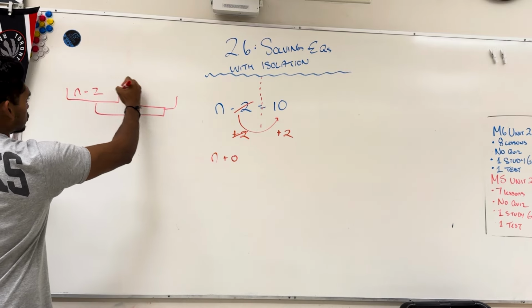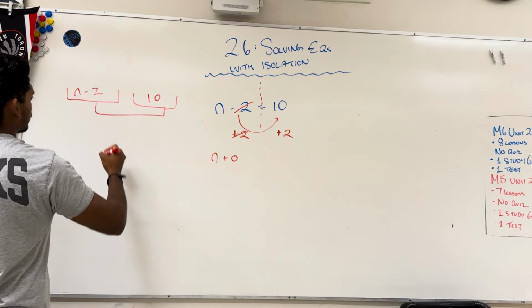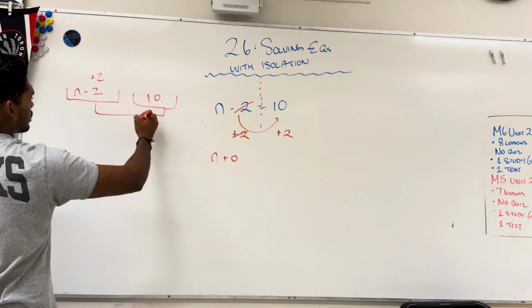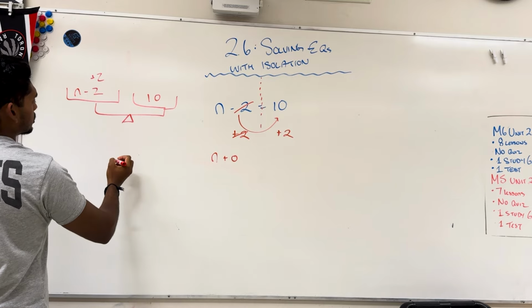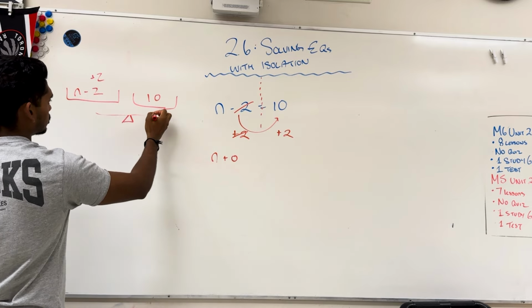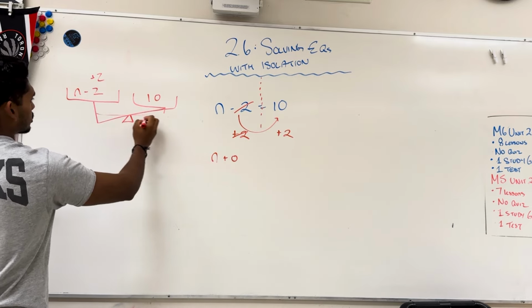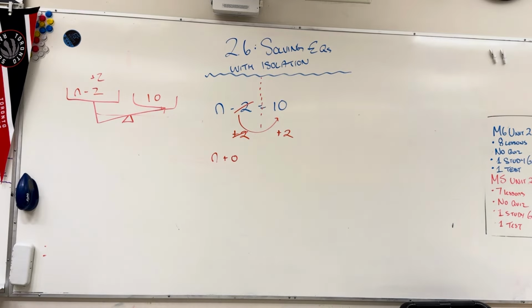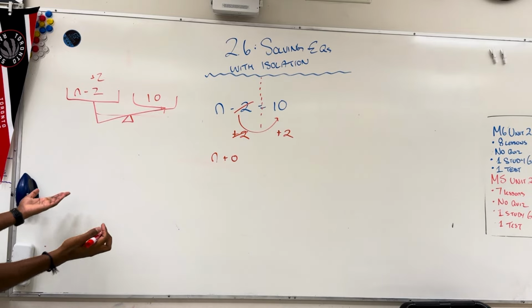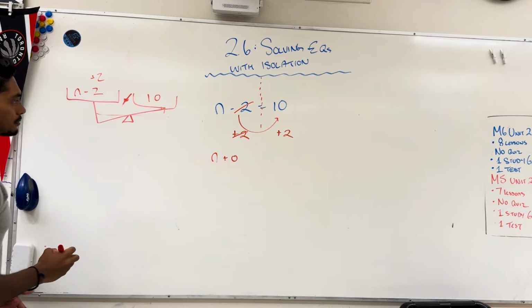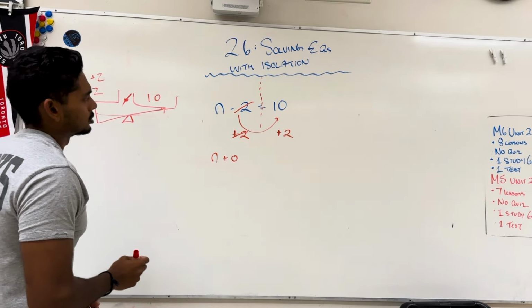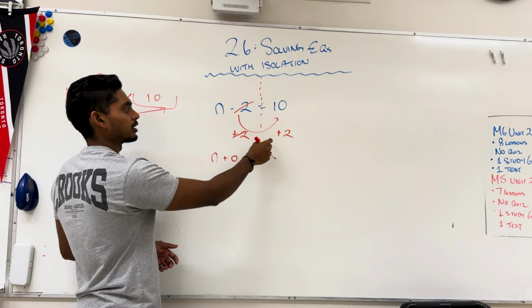N minus 2 and 10. If we plus 2 here, the balance scale will become unbalanced. It will become something like this. Okay, we added 2 pounds here and we didn't add it here. The equal sign is no longer equal. We have lost equality. Okay? So to keep the balance, whatever you do to this side, do to this side.